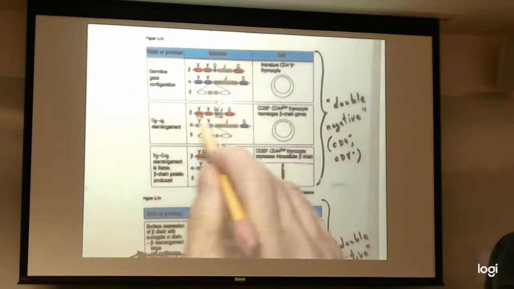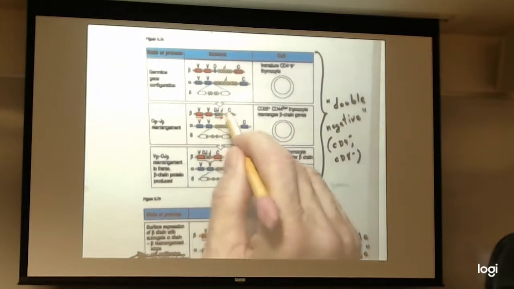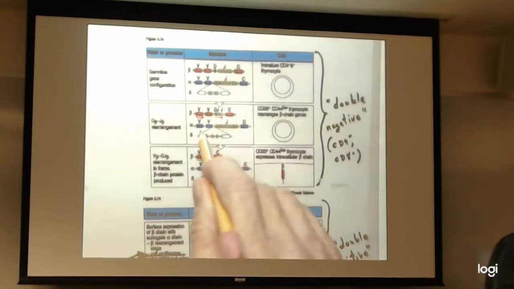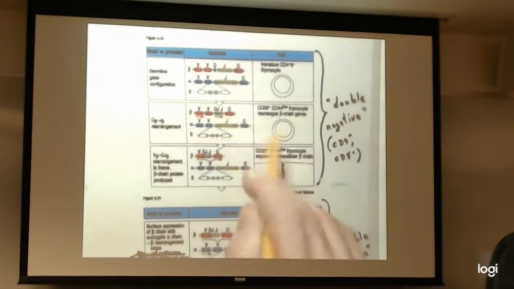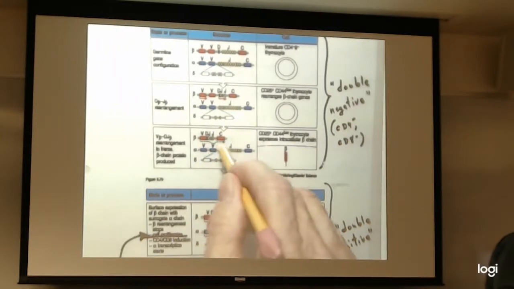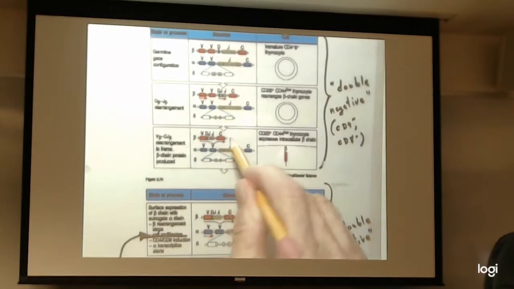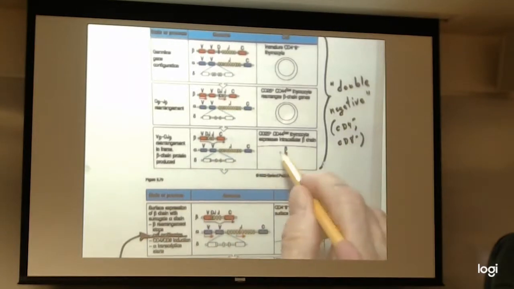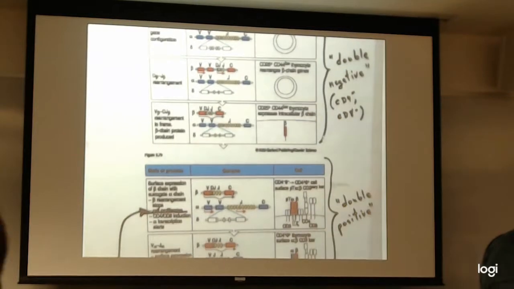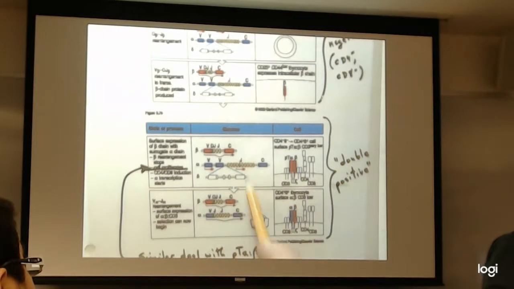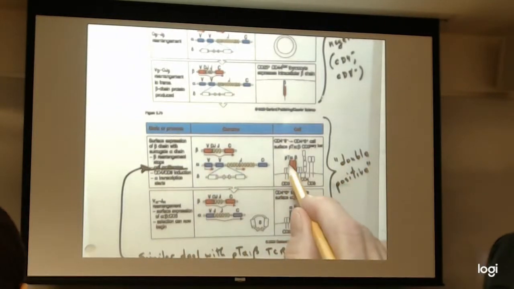And we tried to make a beta chain, so we made a DJ pair and brought that together with the V box here. So now we have a VDJ. We have a gene that codes for a beta chain, and there are no stop codons and so forth. So we make that protein, and then having made that protein, we're going to turn on the expression of the surrogate light chain. I'm sorry, the surrogate alpha chain.